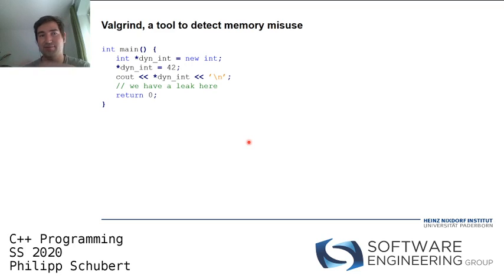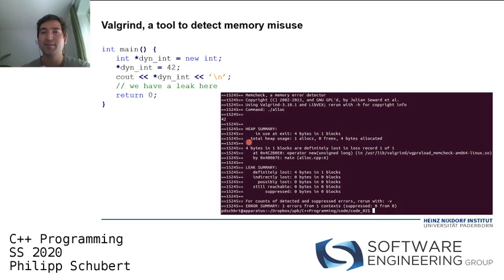And if you have a long-running program where you allocate from time to time, eventually you will run out of memory. But if you call Valgrind on your program, it will analyze your program, and it will tell you, hey, you have definitely lost 4 bytes in one block, and 4 bytes is exactly this integer. An integer on most modern machines is 4 bytes.